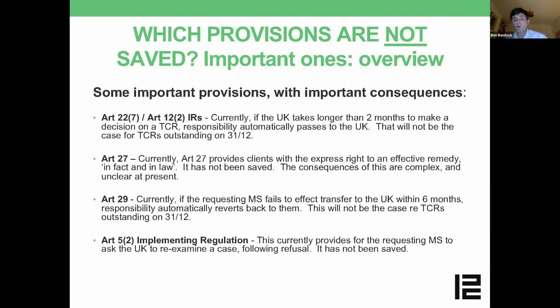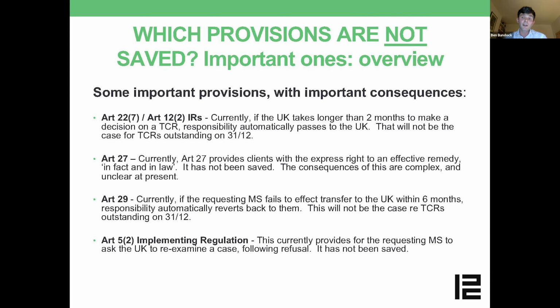As you're likely to be aware, in the authorities that have come out of the Upper Tribunal and Court of Appeal in the last couple of years, Article 27 has had some very far-reaching consequences, because the authorities have established that in these cases where there's a take charge request made to the UK and that's challenged by JR, the court or tribunal effectively steps in as the primary decision maker.